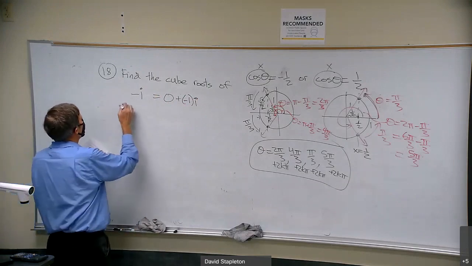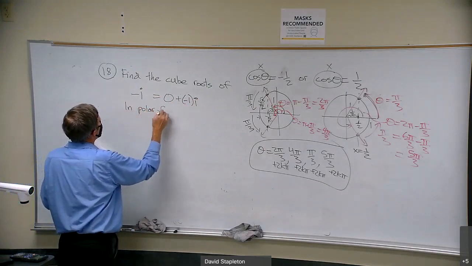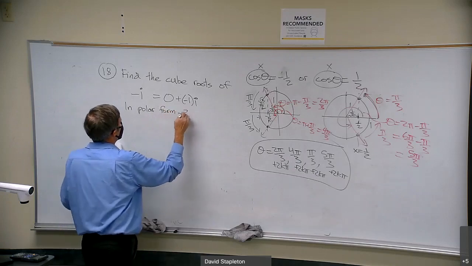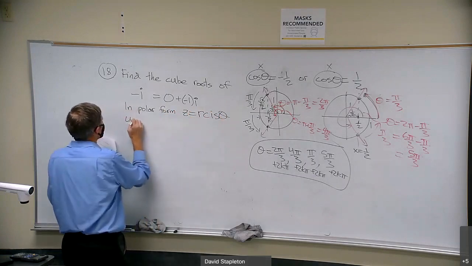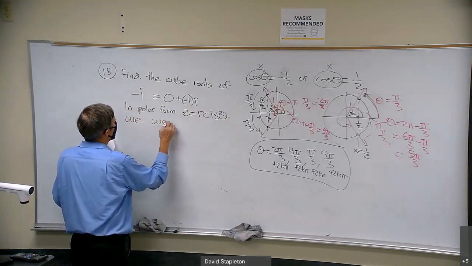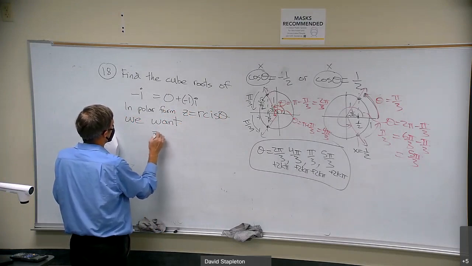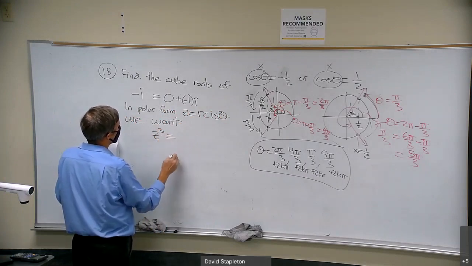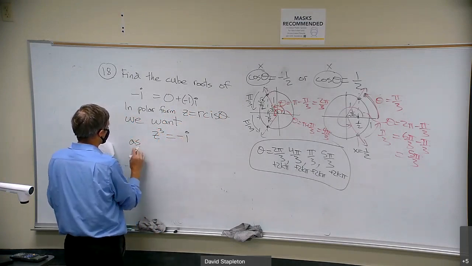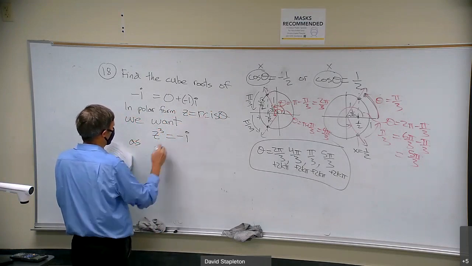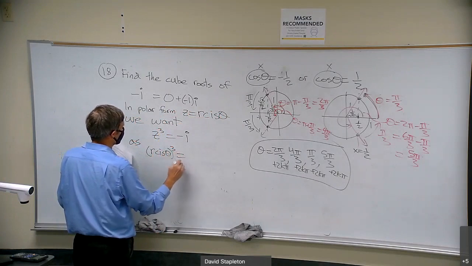So in polar form, if I write z equals r cosine theta plus i sine theta, what we're asking for is z cubed equals minus i. If z is this, then r cis theta cubed must be equal to minus i.